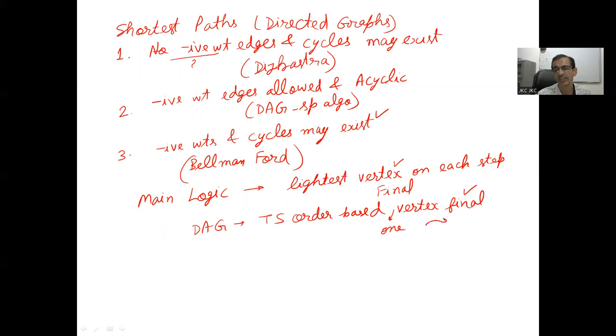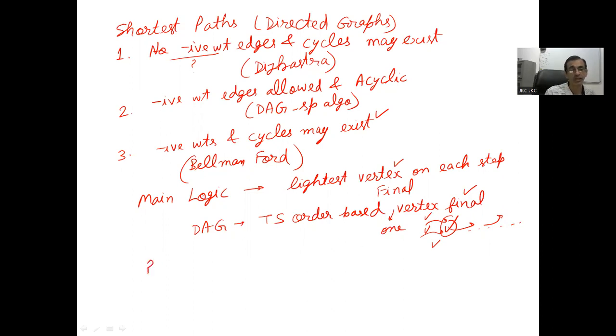Because the graph was acyclic, if I said this vertex is over, it means all incoming edges to it had already been covered. And once all incoming edges are covered, no further relaxation will be possible, and then we can proceed further. That was the main logic.